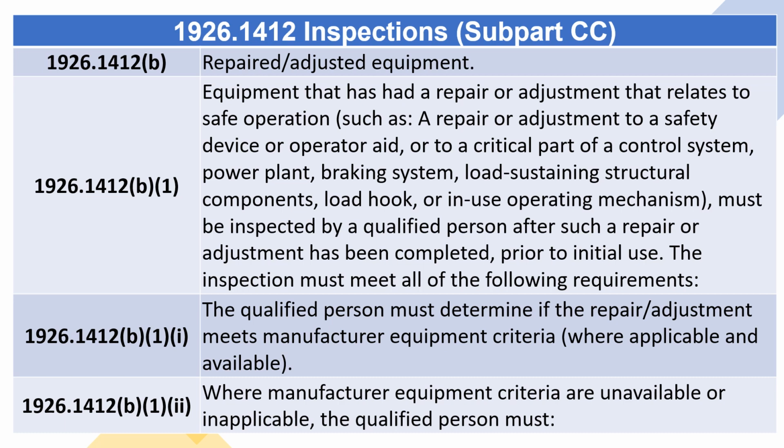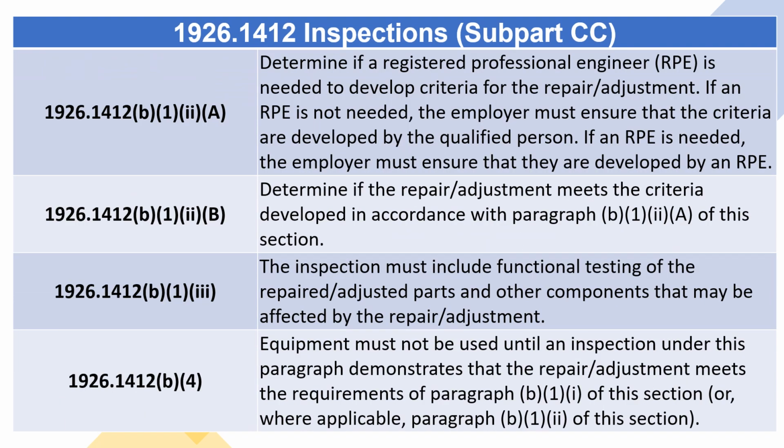1926.1412(b)(1)(i) through (b)(1)(2) The qualified person must determine if the repair/adjustment meets manufacturer equipment criteria, where applicable and available. Where manufacturer equipment criteria are unavailable or inapplicable, the qualified person must: 1926.1412(b)(1)(2)(a) through (b) Determine if a registered professional engineer (RPE) is needed to develop criteria for the repair/adjustment.